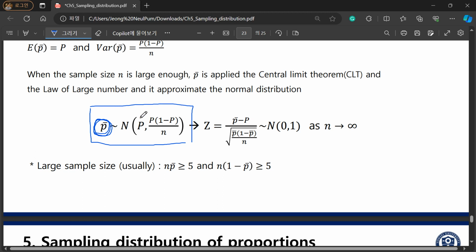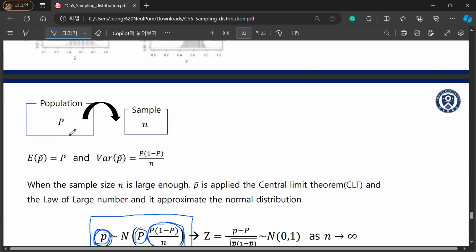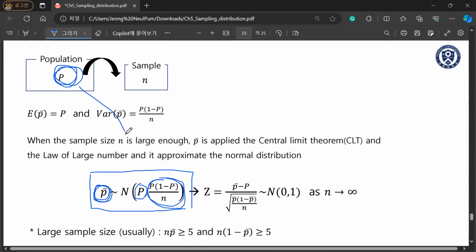Its expectation is P, the population proportion, and for the variance we use P multiplied by 1 minus P divided by the sample size. So we only need one piece of information, the population proportion, and then we can get the exact limiting distribution.